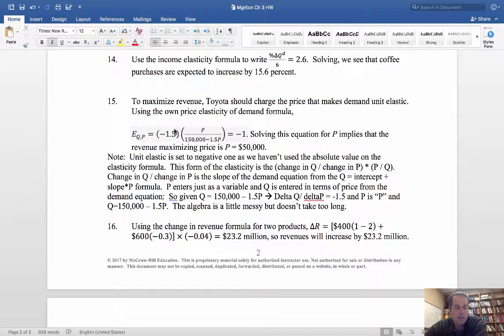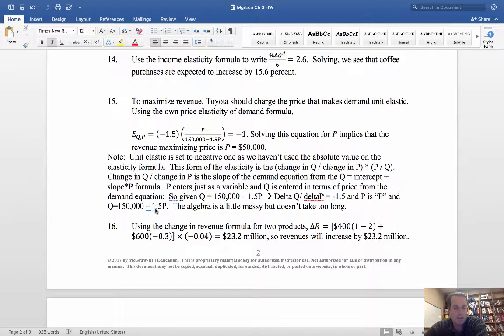So if we break down the formula, this is the percentage change in quantity from a percentage change in price. And we get that just from this formula right here. That is basically the slope, or the inverted slope if you switch the axis.